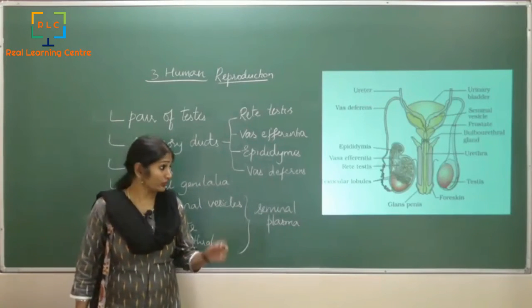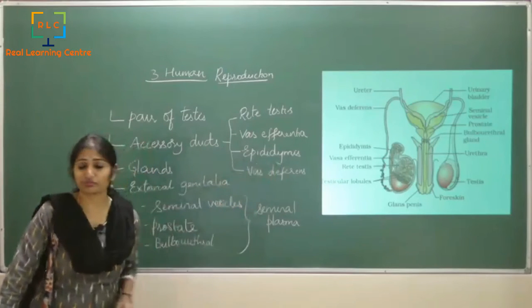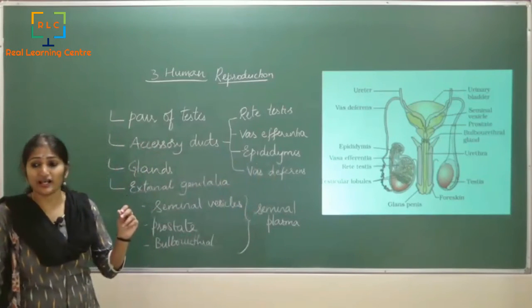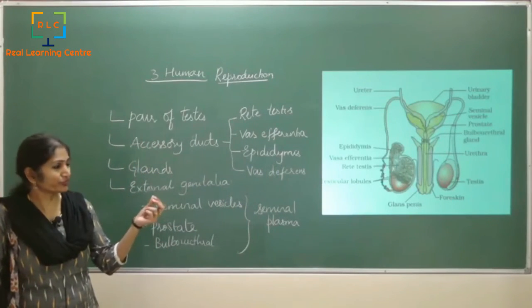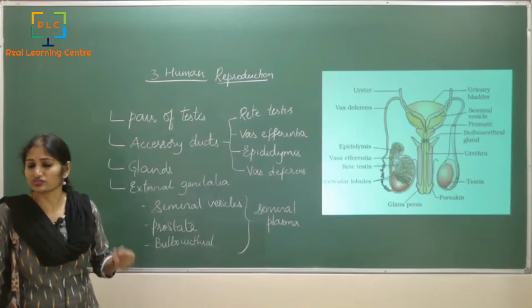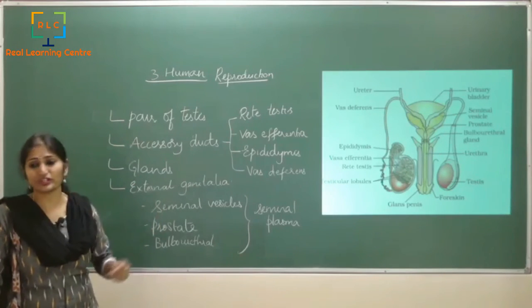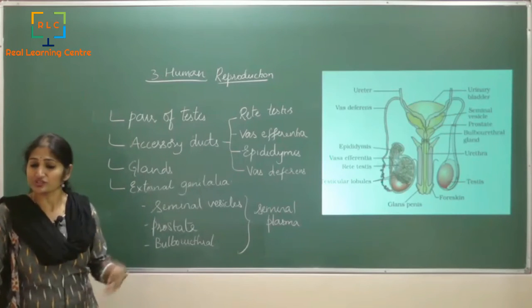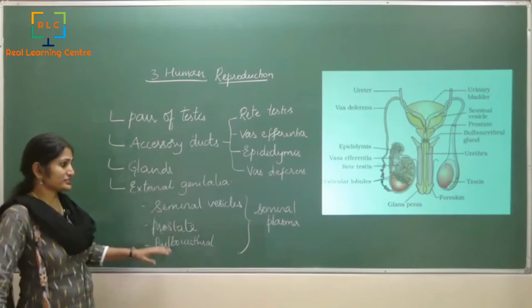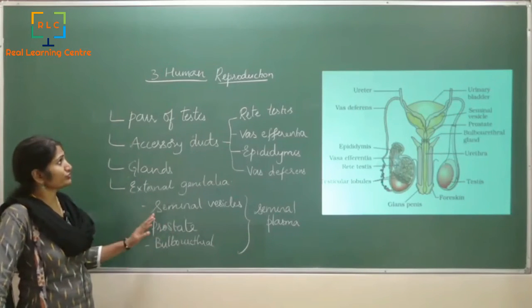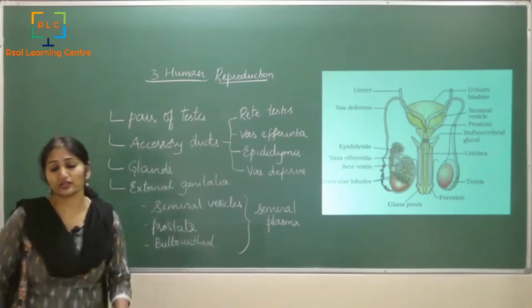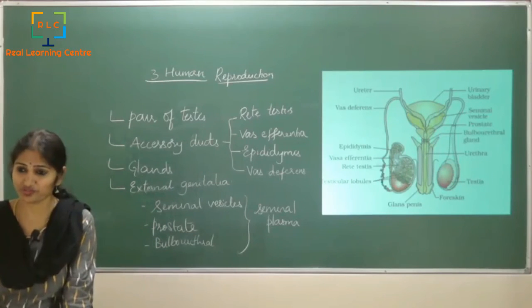Okay, and also the secretion from the bulbourethral gland has certain mucus type of secretion which helps in the lubrication of the penis as well. So this way, all these glands are very important for a normal male reproductive system. They have to be working.